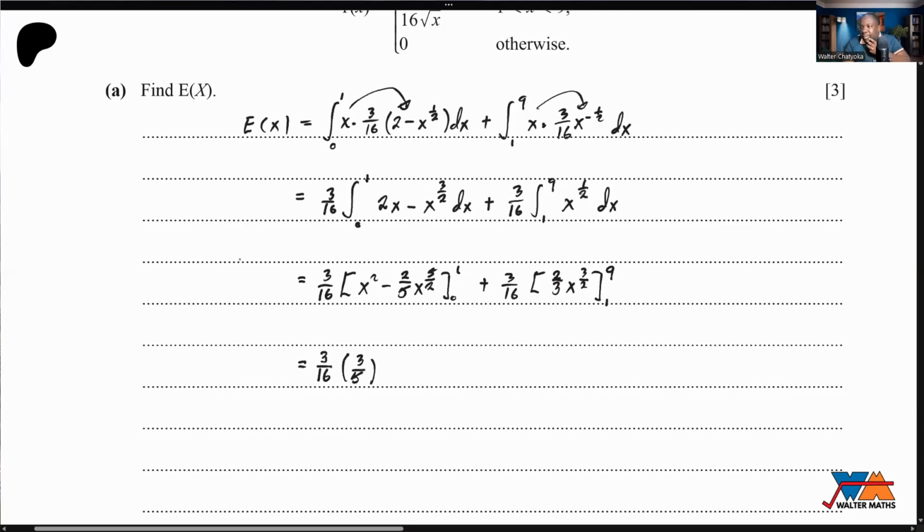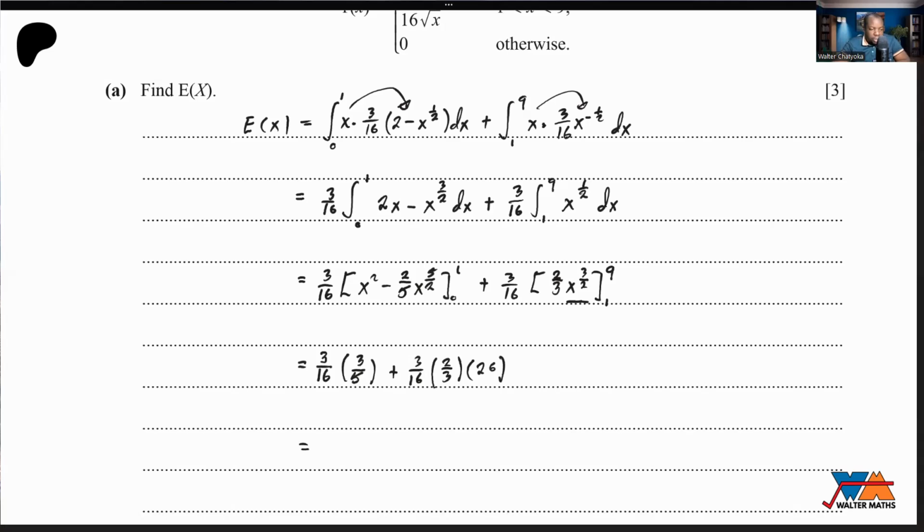That's plus 3/16 of, and now substituting 9, factoring out the 2/3, we substitute 9 for x to the power of 3 over 2. The square root of 9 is 3, 3 cubed is 27, and that's 27 minus 1, which is 26. This is the thing we're going to calculate.